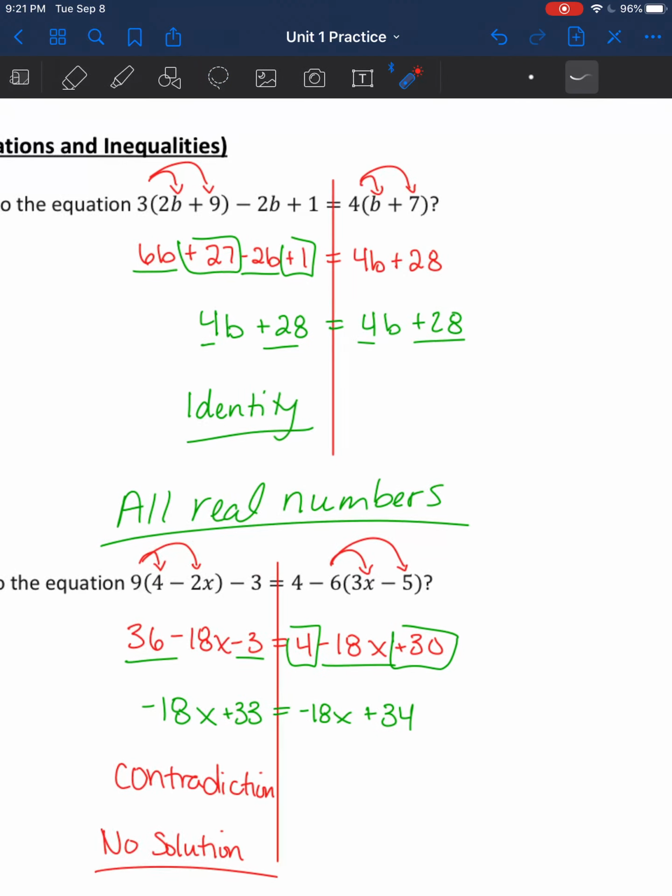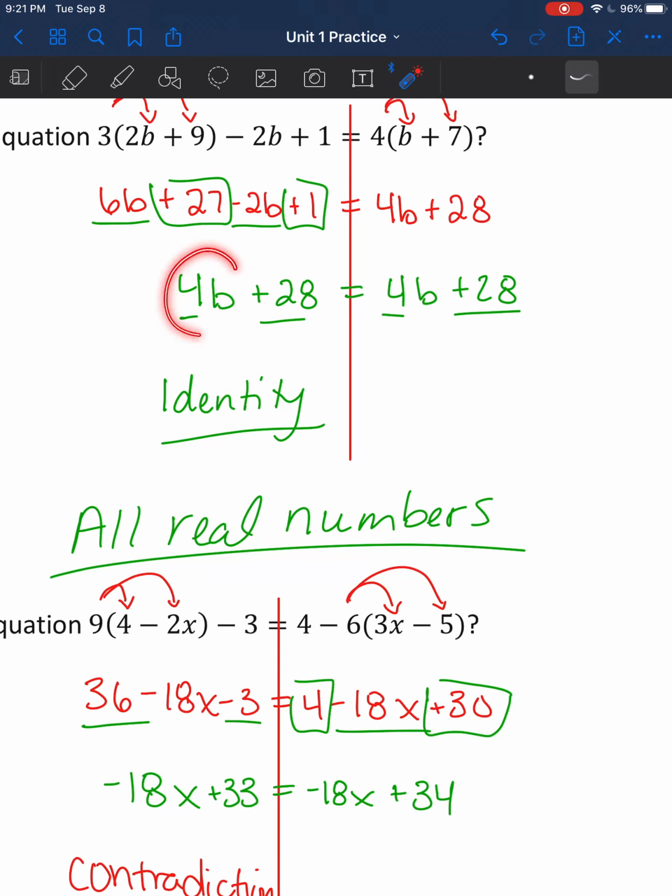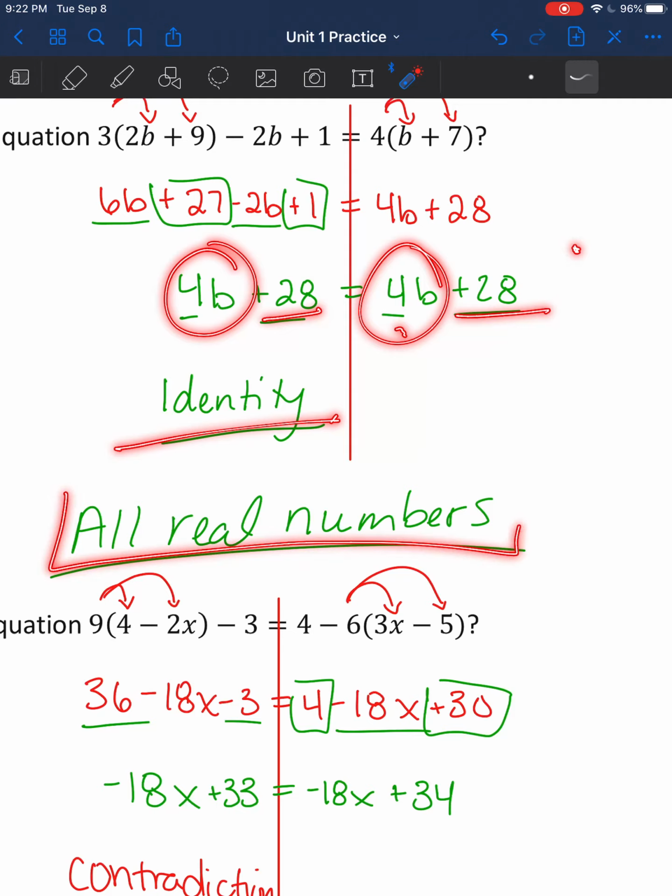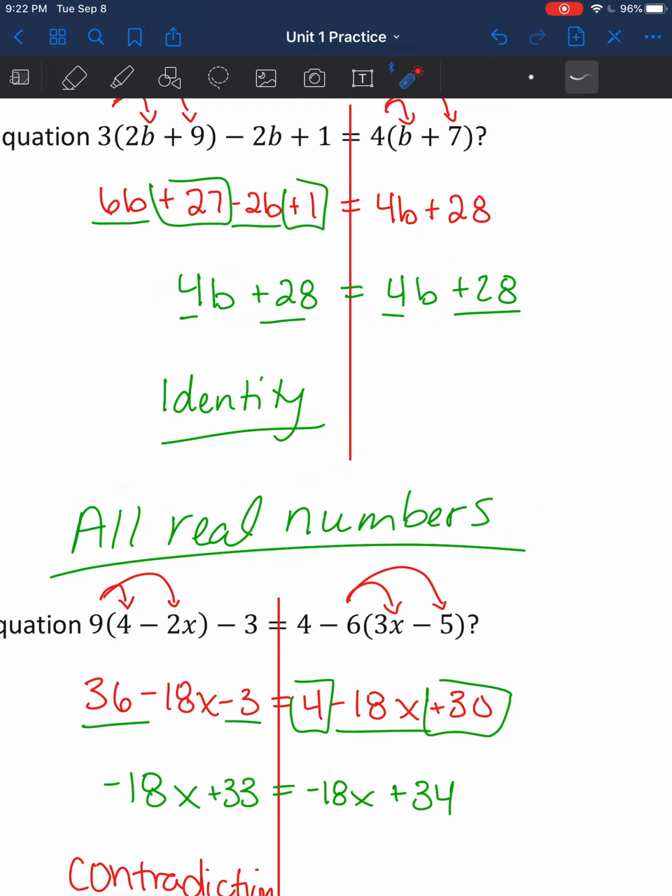In order for you to have infinitely many solutions, the coefficients of your variable have to be the same, and the constants of your equation need to be the same. When both sides of the equation look exactly the same, it's called an identity, which means that the solution will be all real numbers.